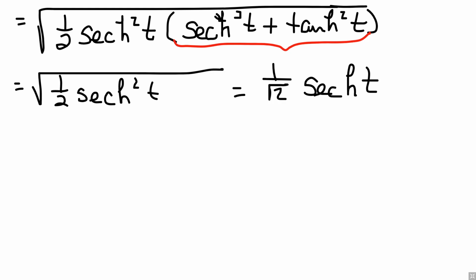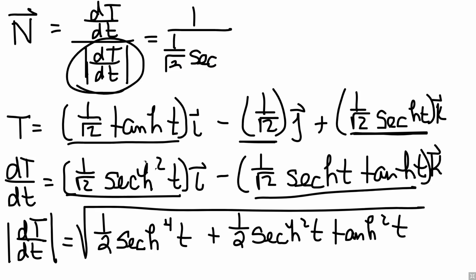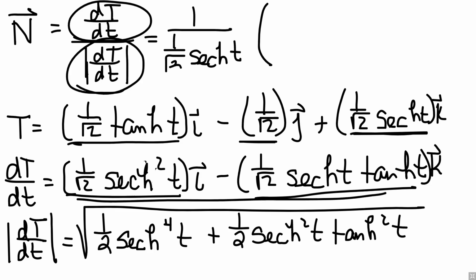All right, so let me go back a couple of slides and fill in. So for this, I'm going to have 1 over the square root of 2 times secant hyperbolic of t times, in place of this, I'm going to put in this expression here.